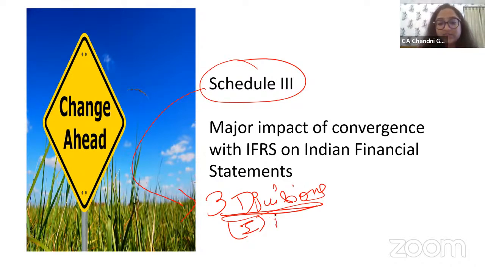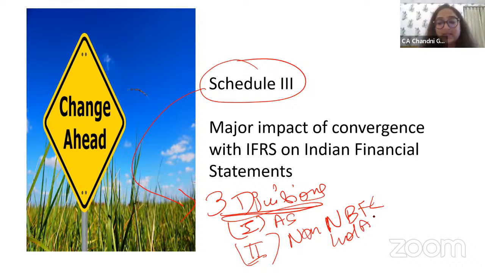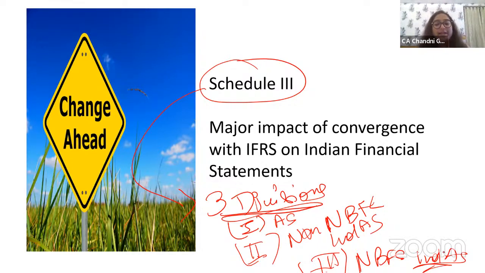First is for companies applying AS, second is for non-NBFCs applying Ind AS, and third is for NBFCs applying Ind AS.